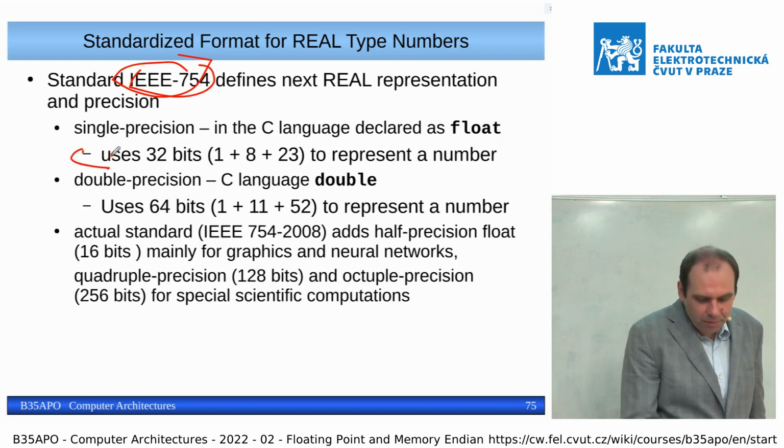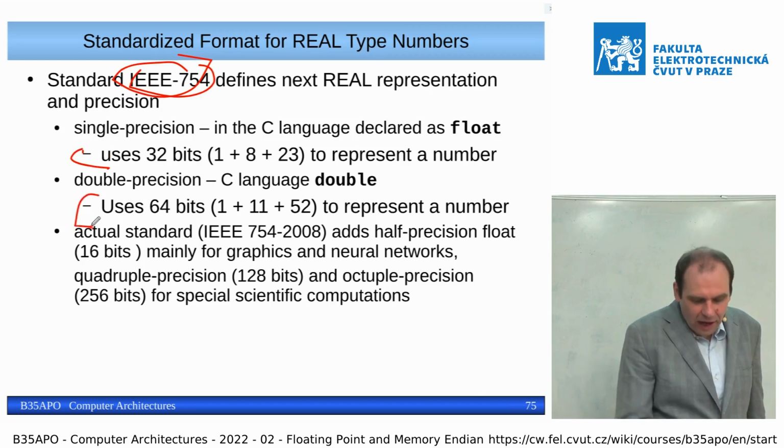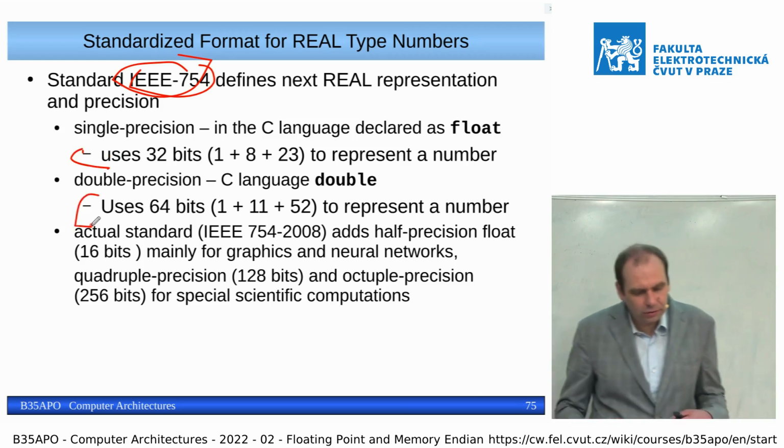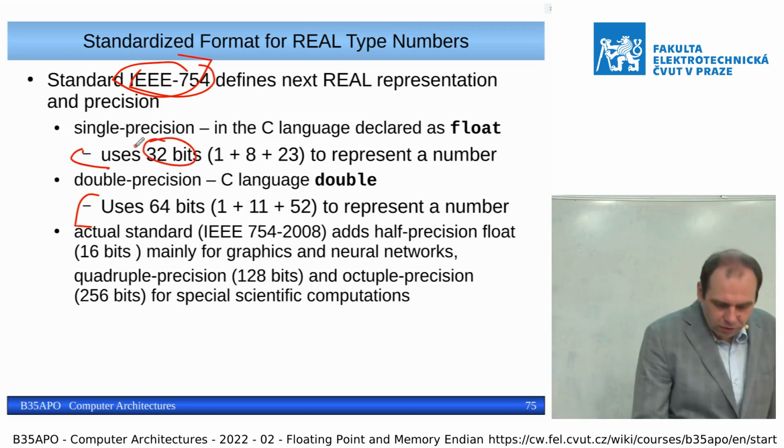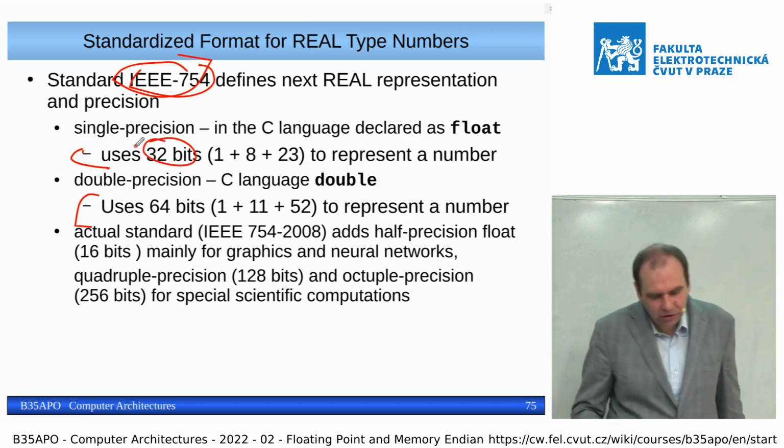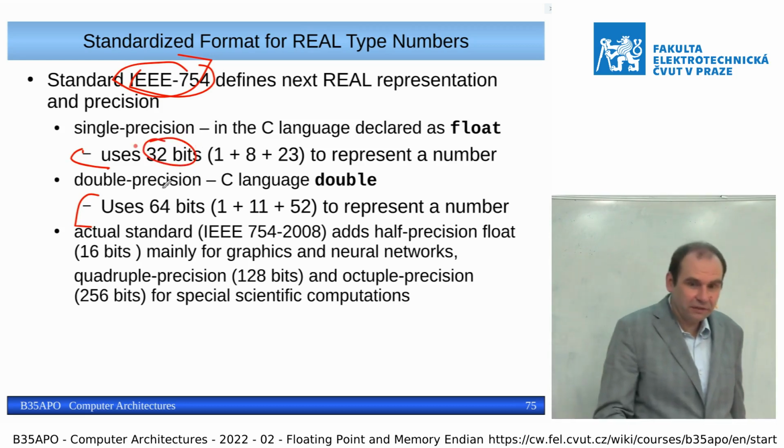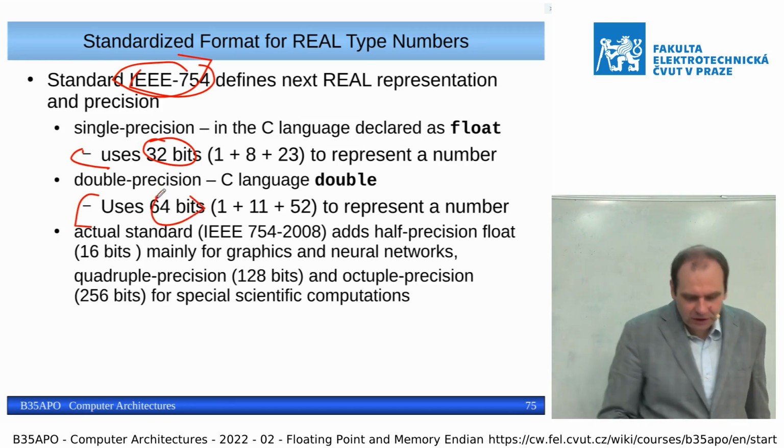And there are more possibilities how to store the data according to the required precision. So usually we have 32-bit, which is called float in the C language, and 64-bit, which is called double.